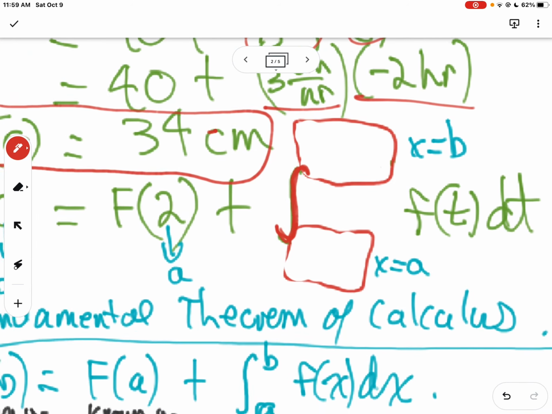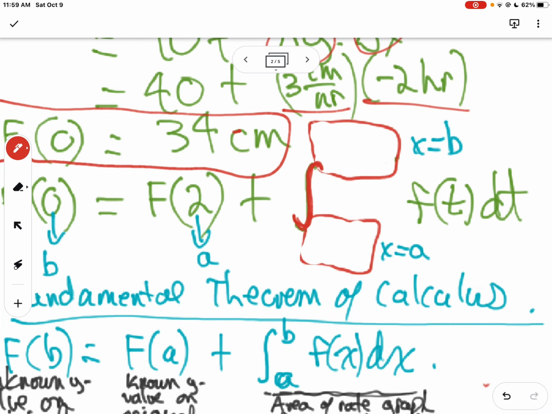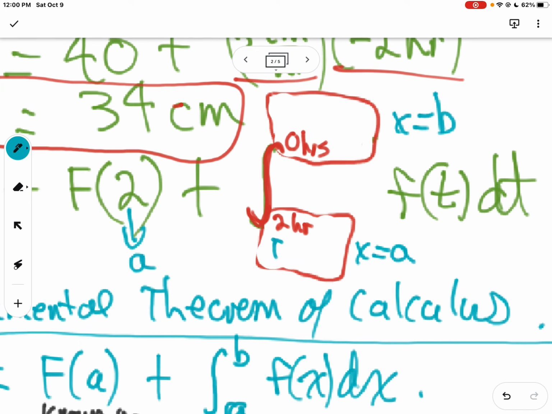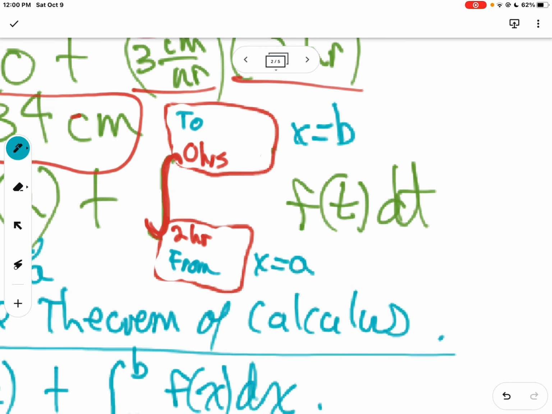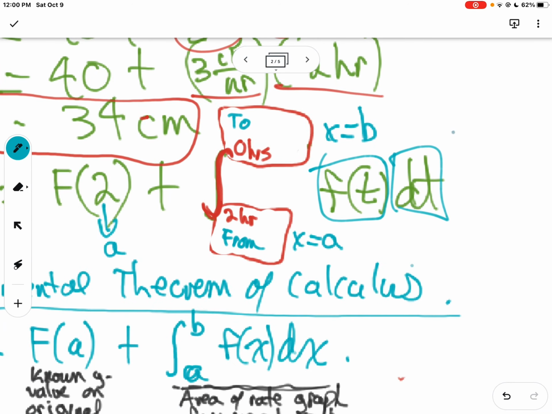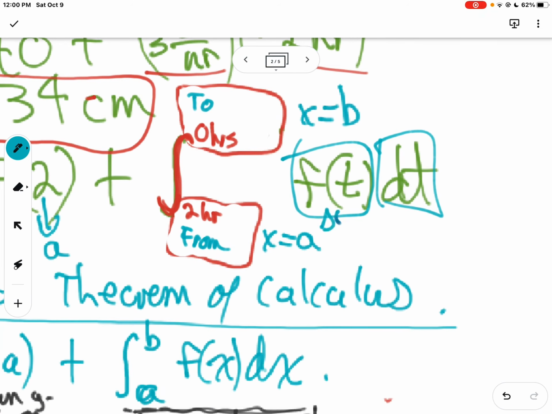And I'm going from 2 hours to 0 hours, right? Because I'm going backwards in time. So one of the things you need to know when you see this symbol is that the bottom one is where you start, that's from, and this top one is 2, that's where you're going. So you're going from 2 hours to 0 hours, okay? And then we call the function f of t dt, because this right here, f of t, that's like our delta y, right?